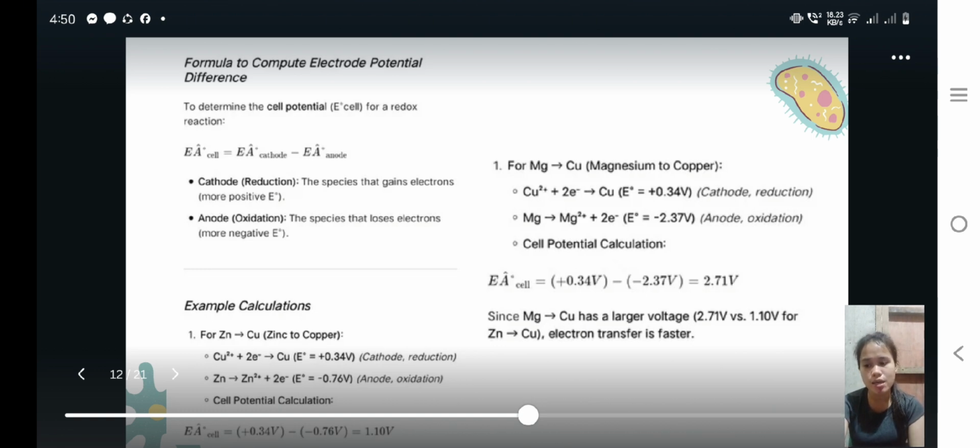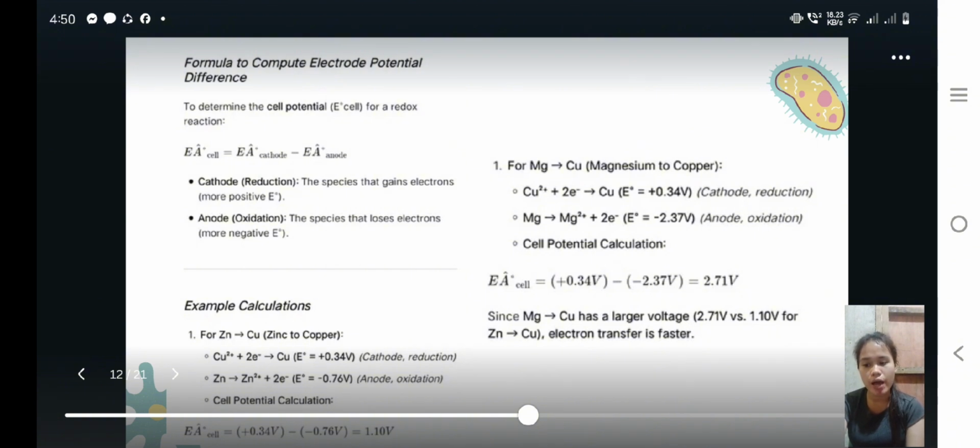So, as you can see, the copper ion becomes copper neutral. Di ba? Reduction. Di ba? When we say reduction, gain ng electron. Right?